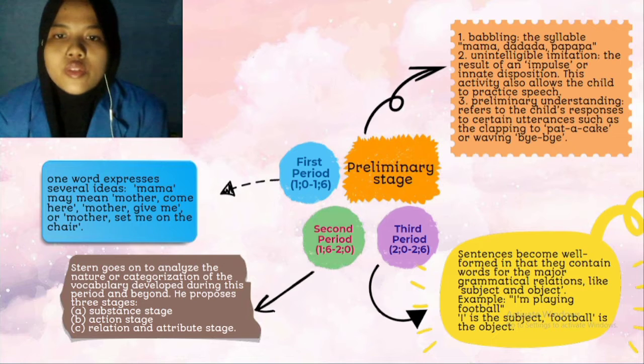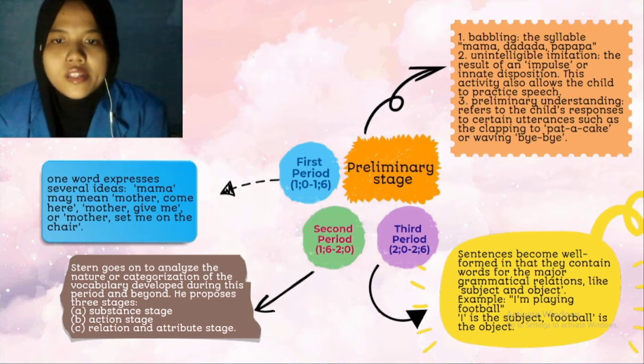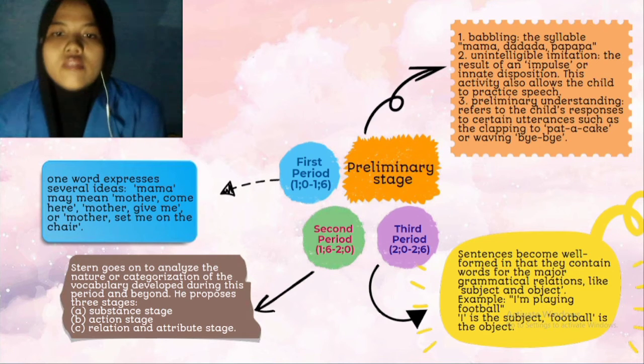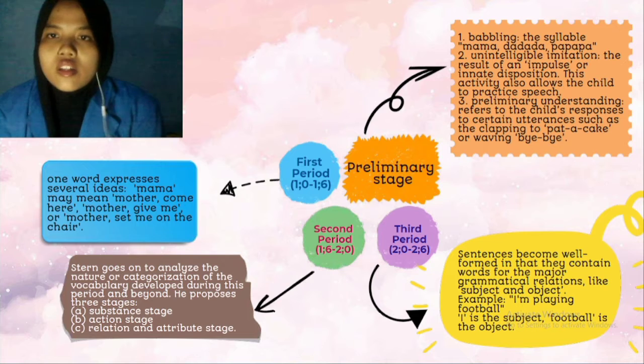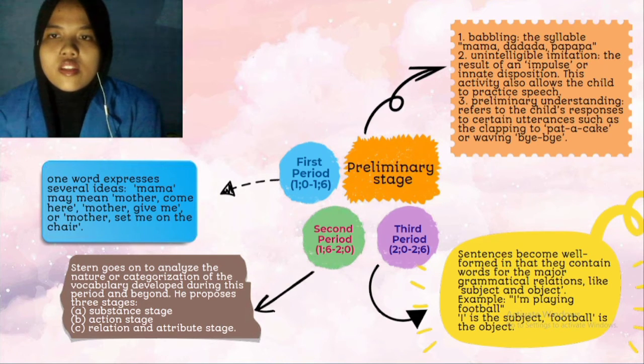Here I want to explain further with examples for each of the periods and the stage. In the preliminary stage, as I said before, there are 3 behaviors: babbling, unintelligible imitation, and preliminary understanding.